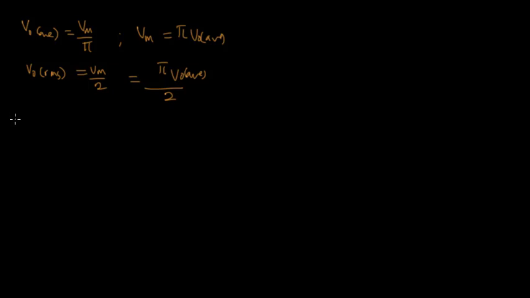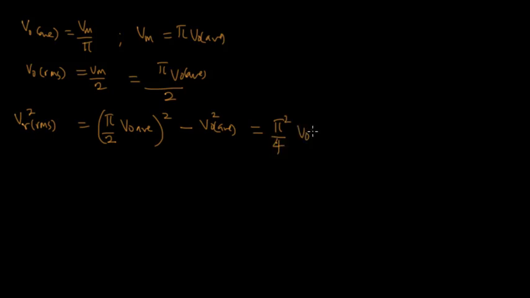So our V ripple root mean square will be equal to the square root of pi over 2 V out average squared minus V out average squared, and that gives us pi squared over 4 V out average squared minus V out average squared.